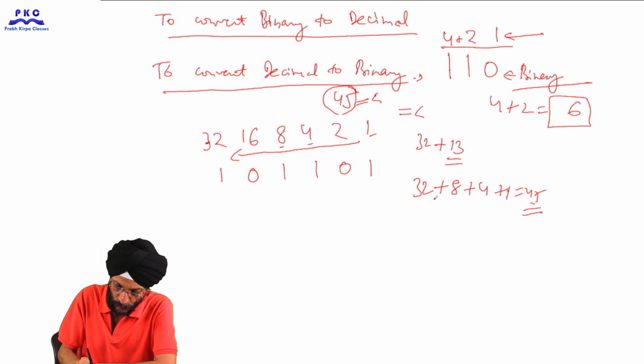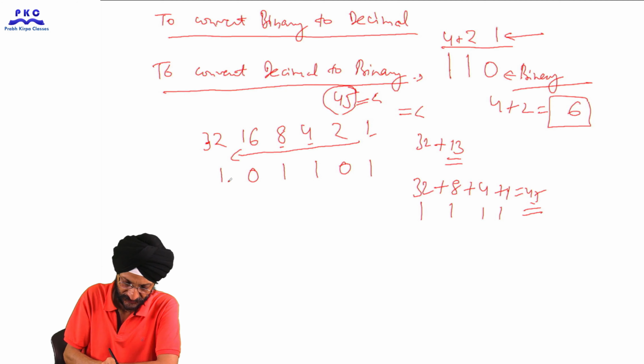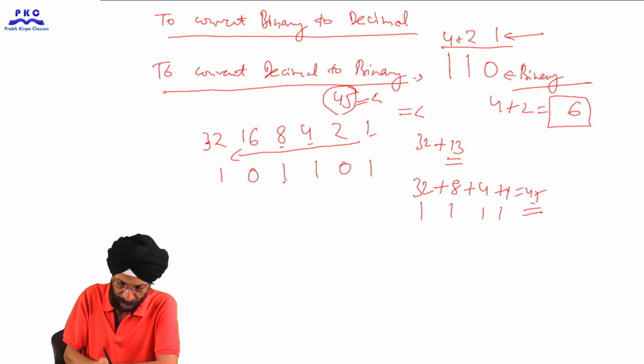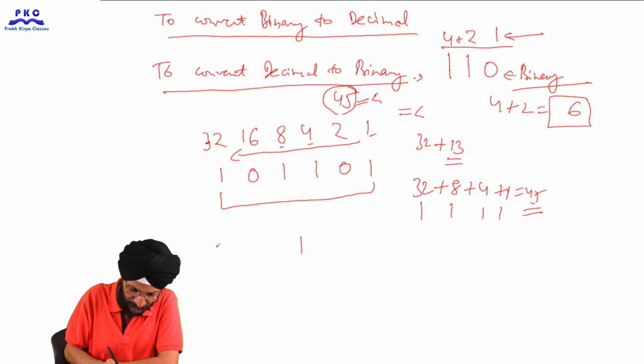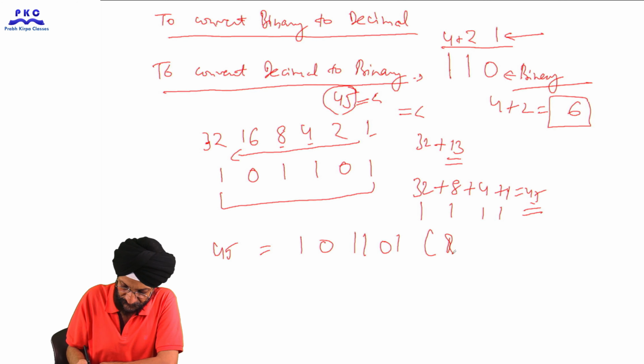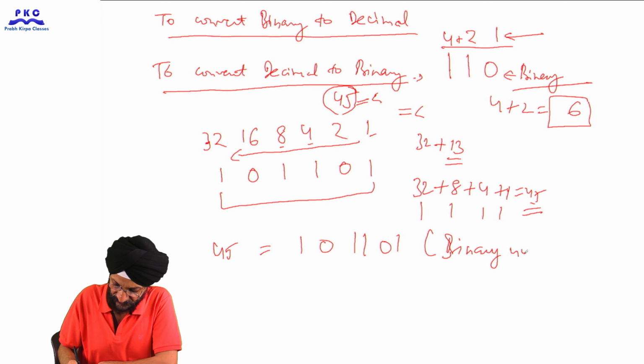Below each such number we will write 1. Here we have written 1 below 32, below 8, below 4, and below 1. Here you will find that the binary number of 45 is 101101.